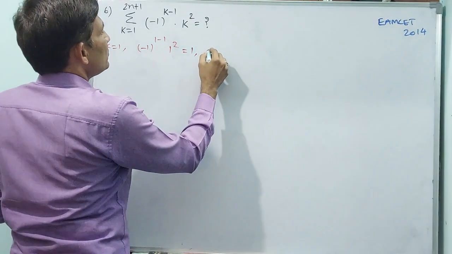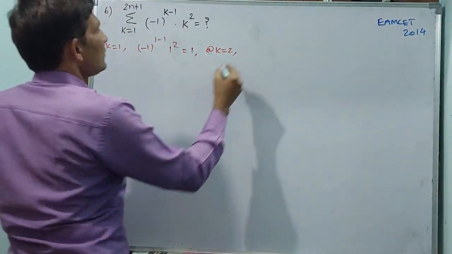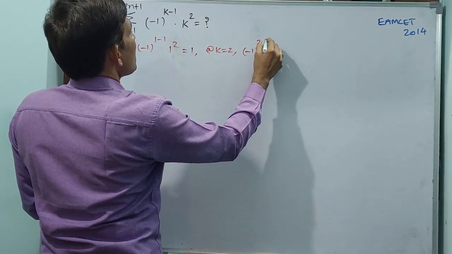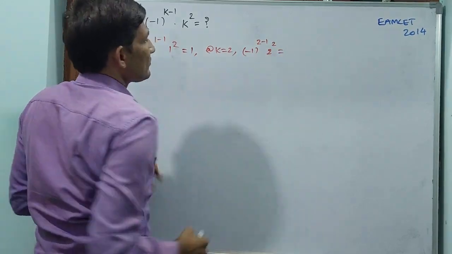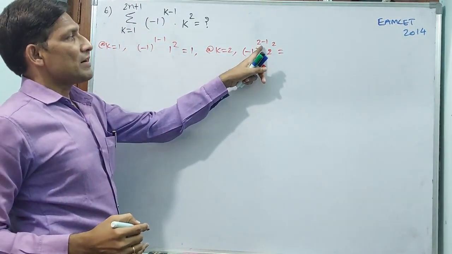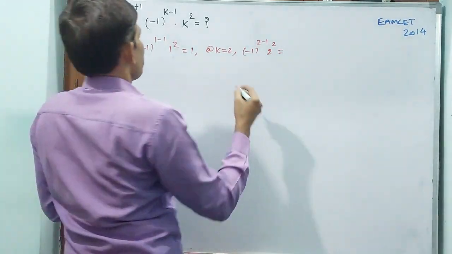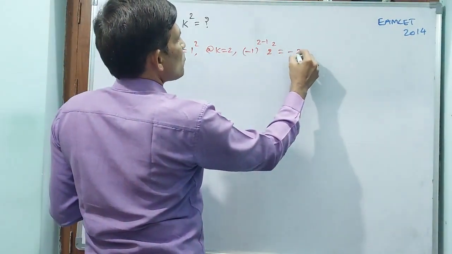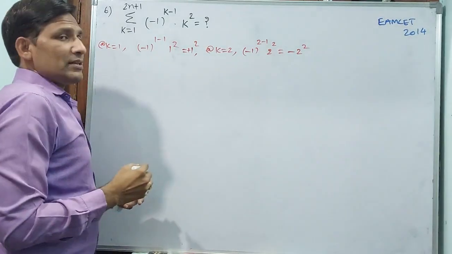K is equal to 2. Minus 1 whole power 2 minus 1 into 2 square. That means minus 1 power 1, that means minus 2 square. So we write this as 1 square minus 2 square. Okay, this is plus 1 square. Like that you take.